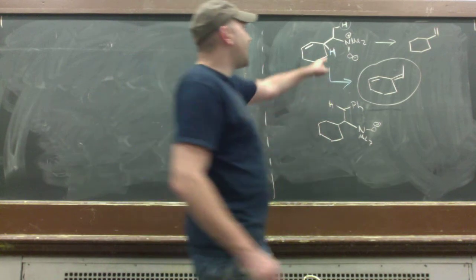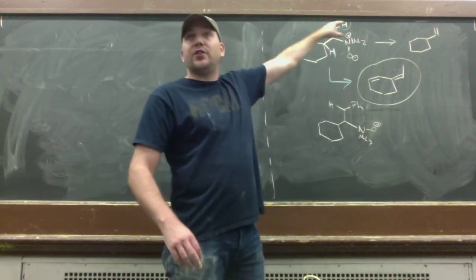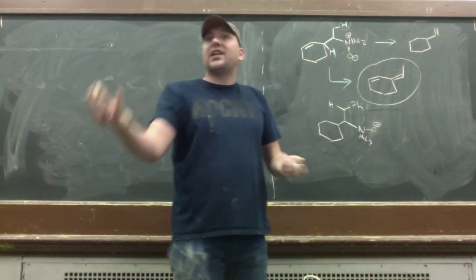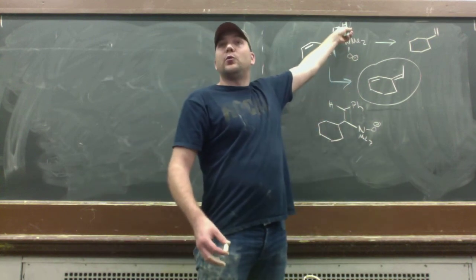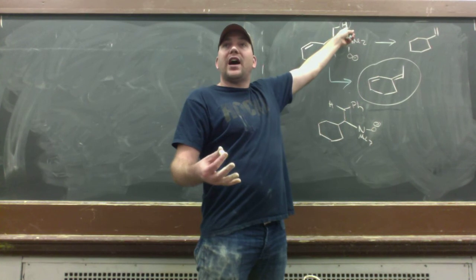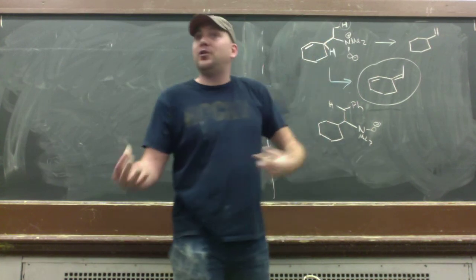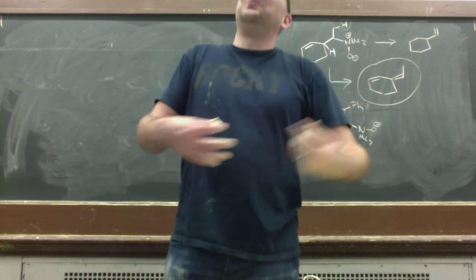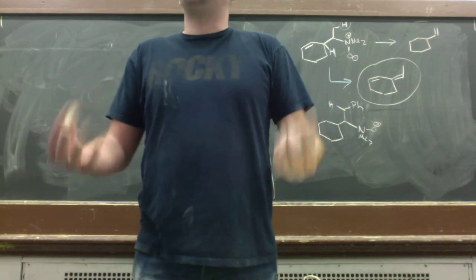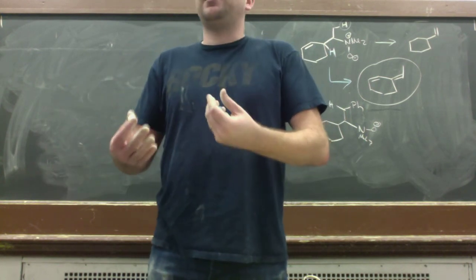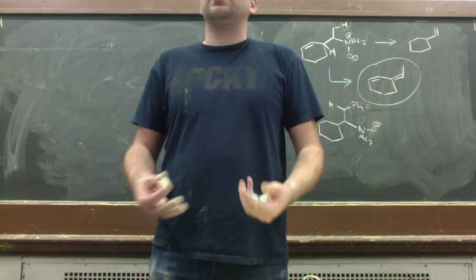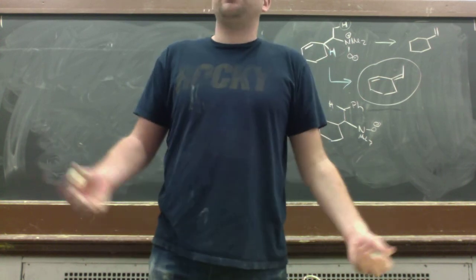In a situation like I drew, your thinking is kind of right, that a primary proton is less substituted, thereby it is more acidic. But that's a very subtle difference in acidities. I think the pKa difference is like one is 50 and the other is 53 or something like that.